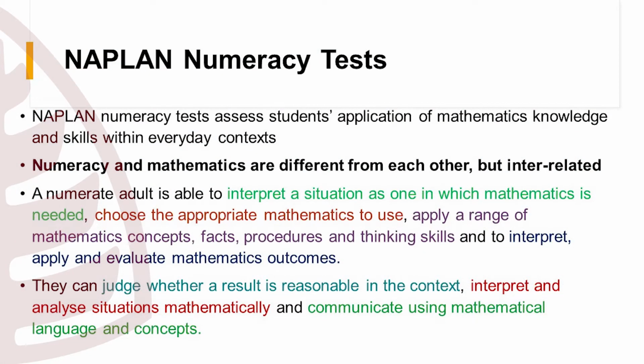The NAPLAN numeracy test takes into consideration the proficiencies of mathematics, and it aims to assess whether a numerate person is able to interpret a situation as one in which mathematics is needed, choose the appropriate mathematics to use, and apply a range of mathematical concepts, facts, procedures, and thinking and skills in order to interpret, apply, and evaluate mathematics outcomes.